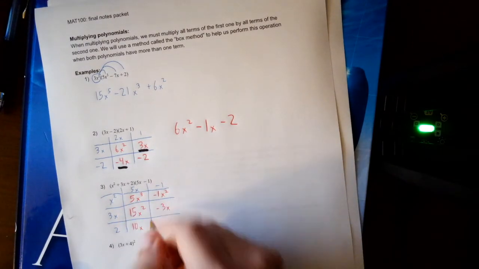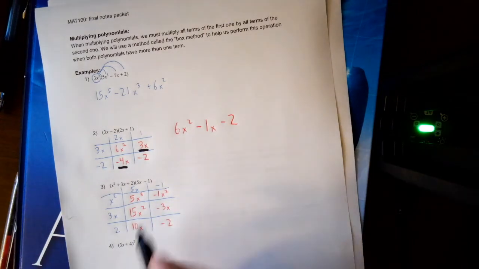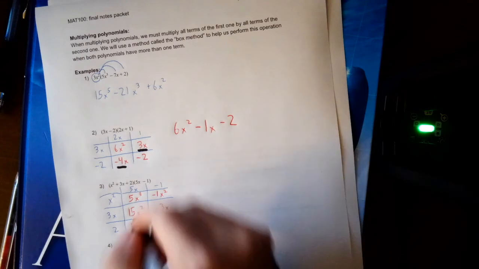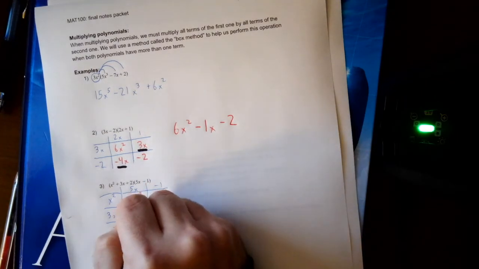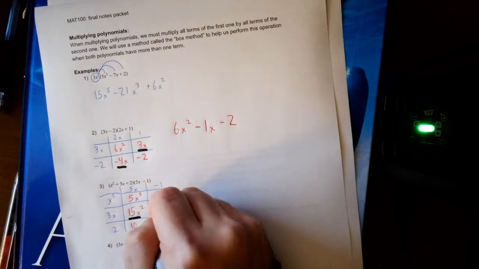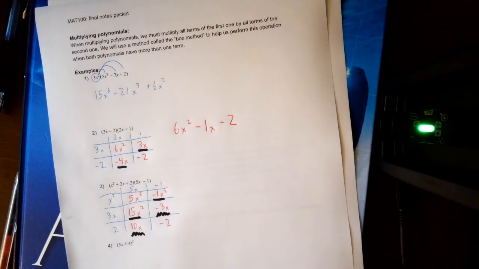And then 2 and negative 1 is negative 2. Now, let's look at like terms. X cubed has none. For x squareds, there's 1 right here and 1 right here. And then for x's, there's, let's use a squiggle line. For the x's, there's 2 of them, right? So there's some like terms to combine.